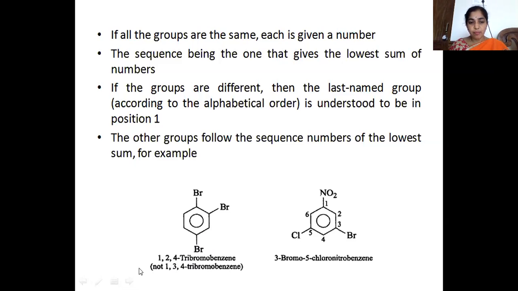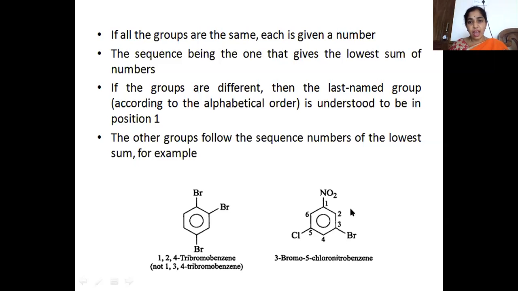If you sum up 1 plus 2 plus 4, it is 7. If you sum up 1 plus 3 plus 4, it becomes 8. The rule says that the numbers, if you sum them up, should give the lowest number. So 1,2,4-tribromobenzene is the correct answer.